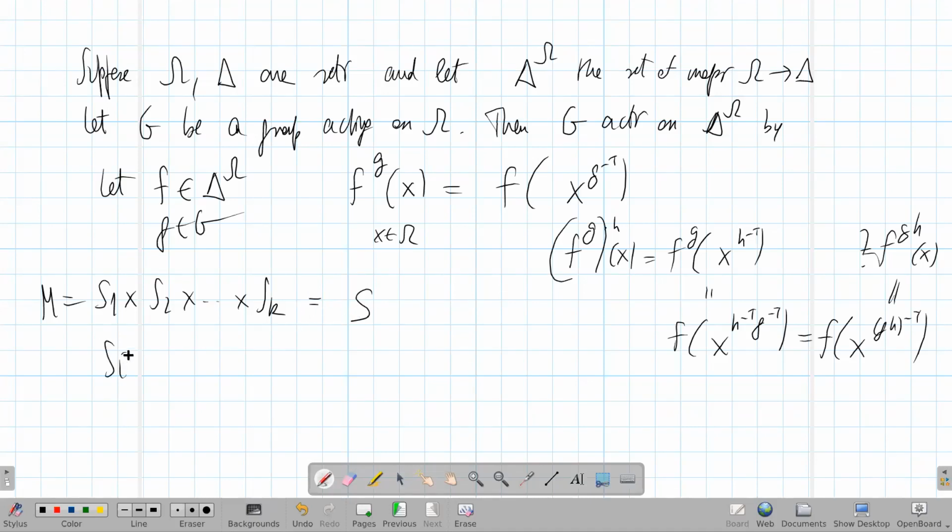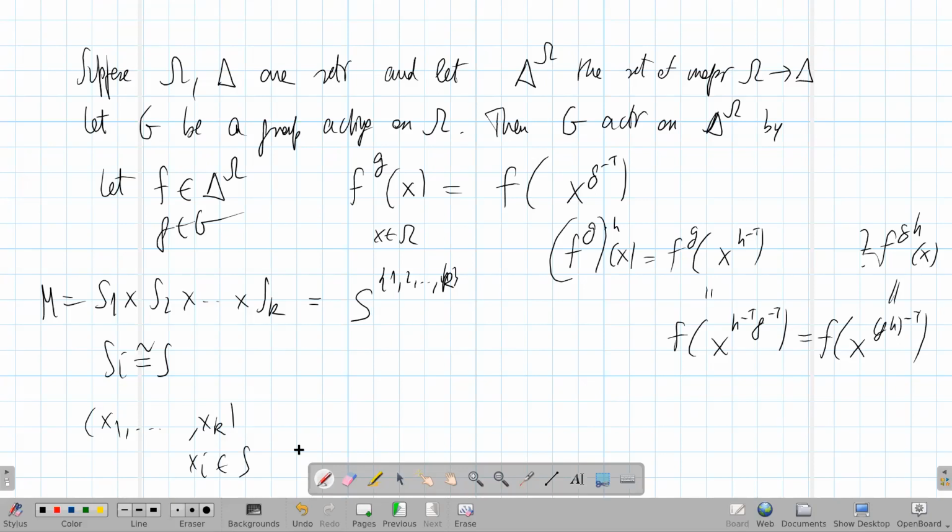So all these Si are isomorphic to S, and the elements here are n-tuples, where the xi are in S. Of course this is just a way of writing a function from {1,...,K} to S.